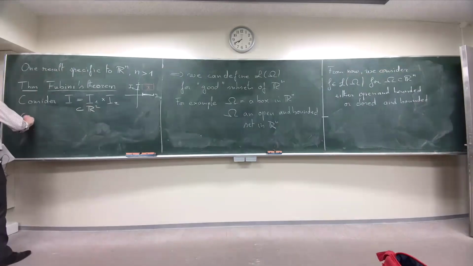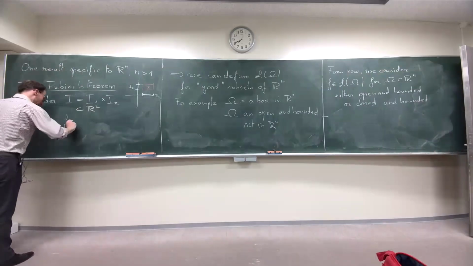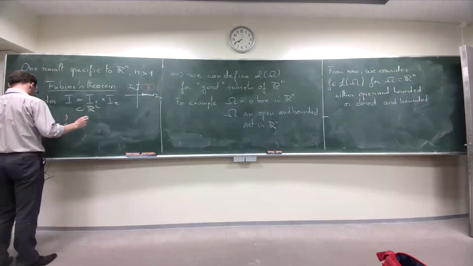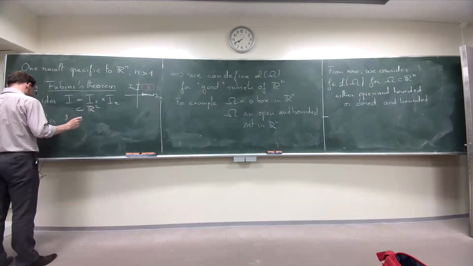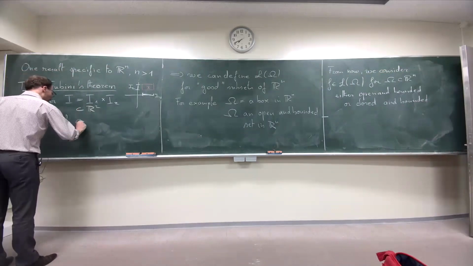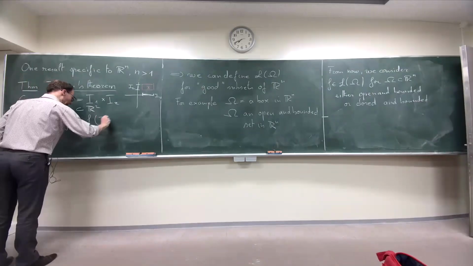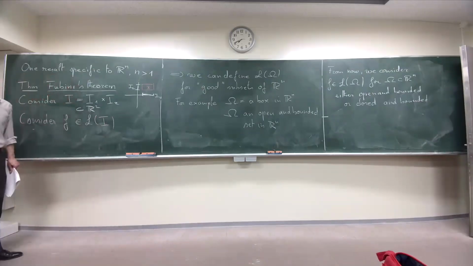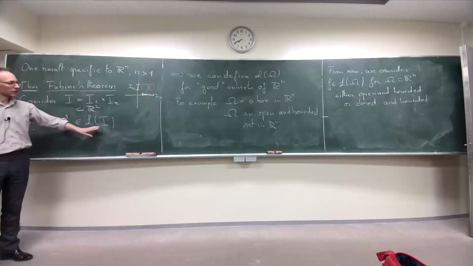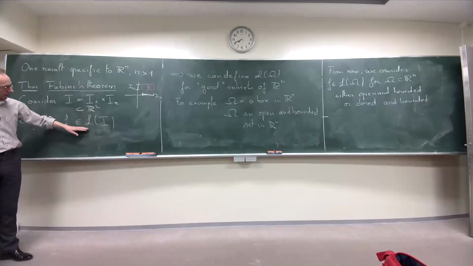And consider f Lebesgue integrable on I. I haven't defined it exactly, but this is exactly what I mentioned as an extension. It means you look at the definition of Lebesgue measurable. First, you start with bounded functions.